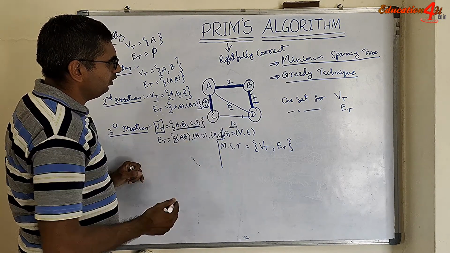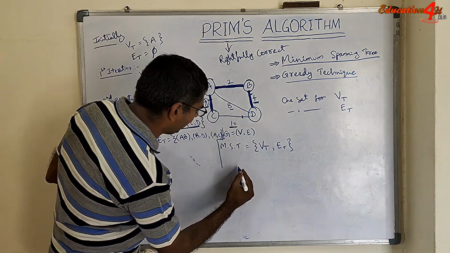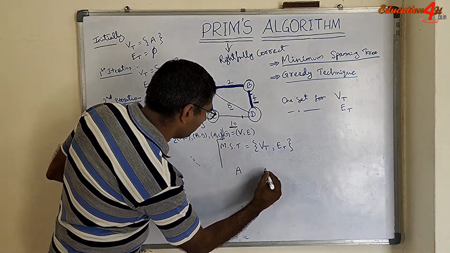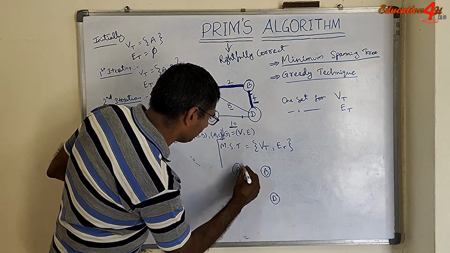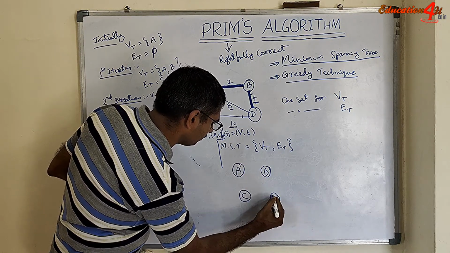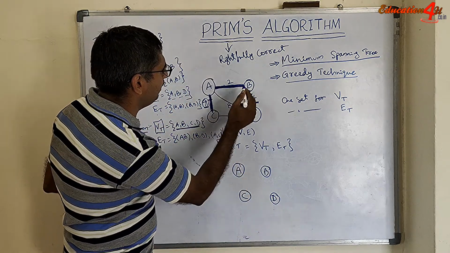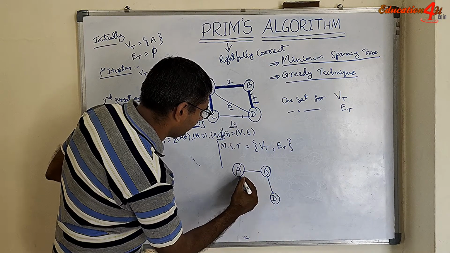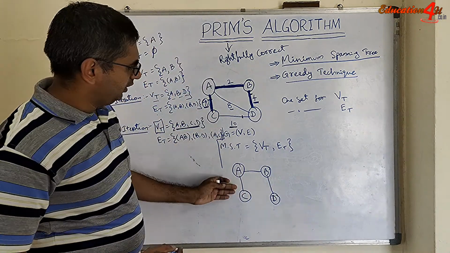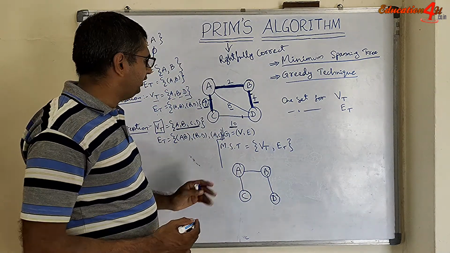Now we can say that the minimum spanning tree is A, B, C, D, with this edge, this one and this one. This is our minimum spanning tree.